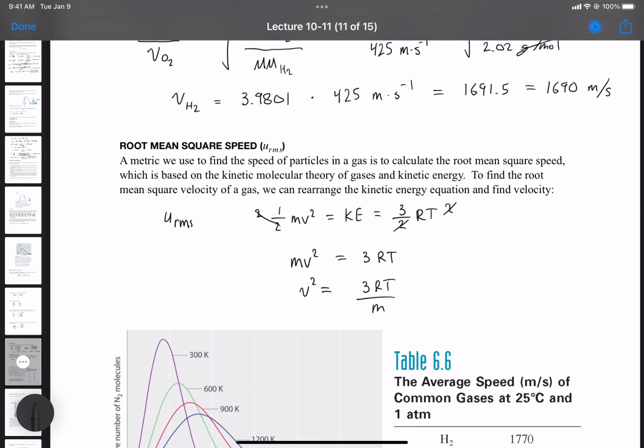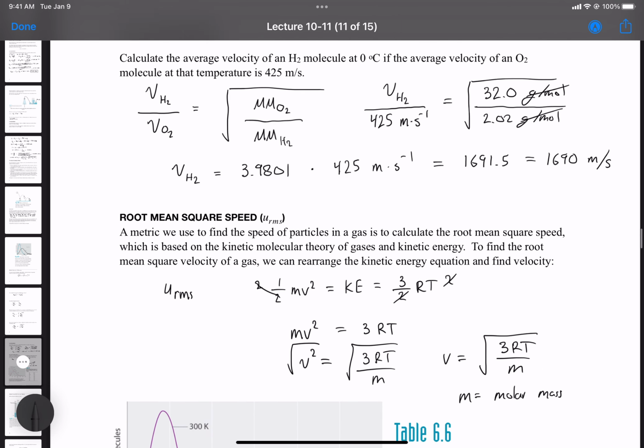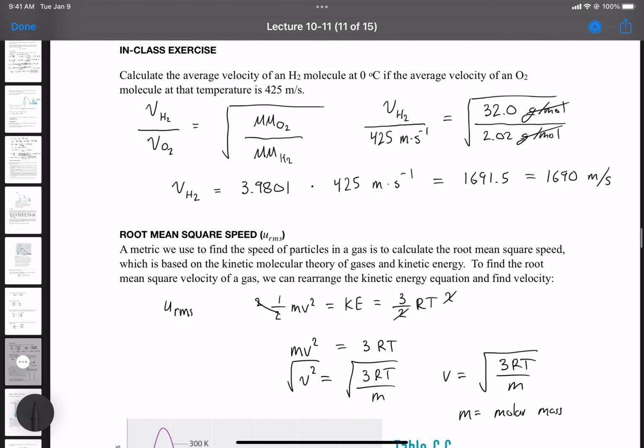Then we square root both sides, and we get v equals the square root of 3RT over m. So m in this case is molar mass. If we plug this equation in for our previous problem, we'll get the same answer. So let's do that.